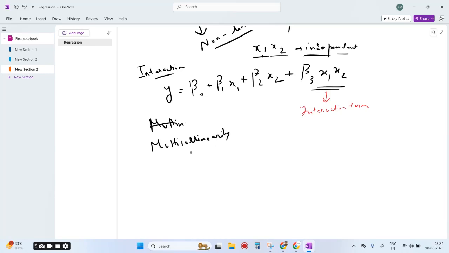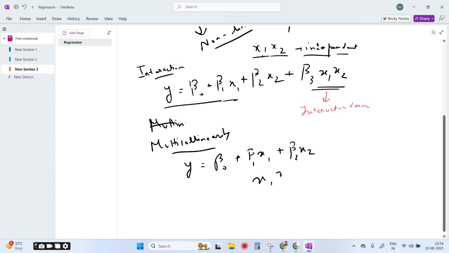Multicollinearity means that your terms here, so for instance, we take this part of the equation, beta 0 plus beta 1 x1 plus beta 2 x2. Your x1 and x2, the correlation between these two is quite a bit bigger than 0.